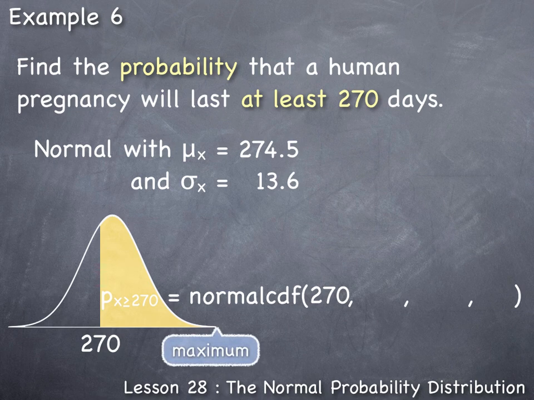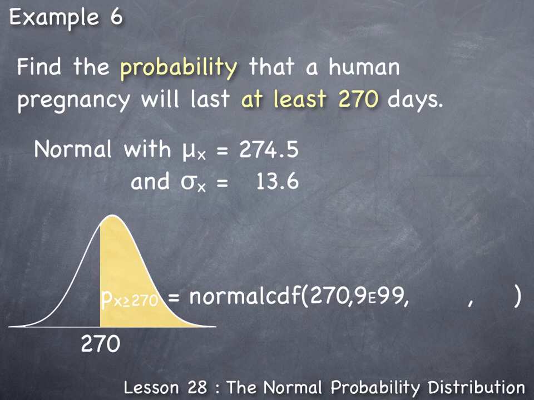Now, if we don't happen to know what the absolute maximum or longest duration of a human pregnancy is, we could just enter the biggest number that we know into the calculator, which is 9e99. That is the E for expanded exponential or scientific notation. So 9 times 10 raised to the 99th power is about as big a number as we can enter into our calculator.